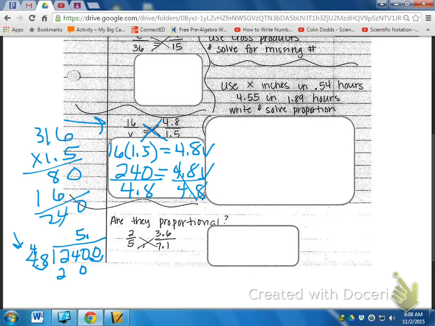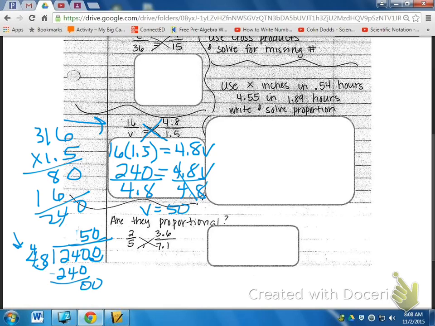Yep, exactly. Let me try that again, and then that would be 0, so 50. So V equals 50. Questions about that?